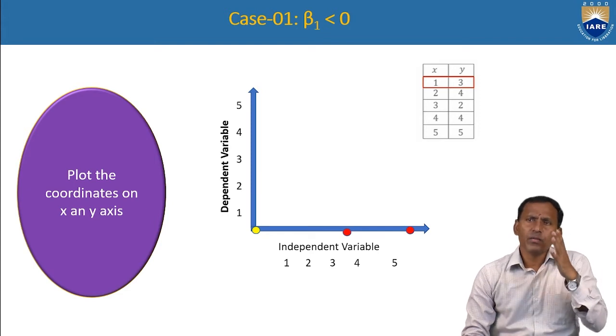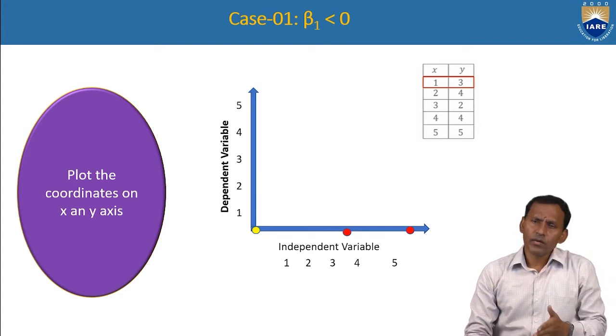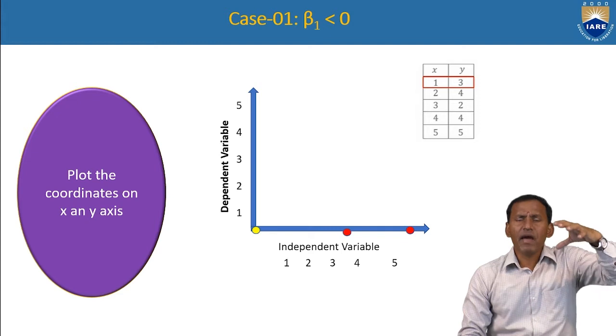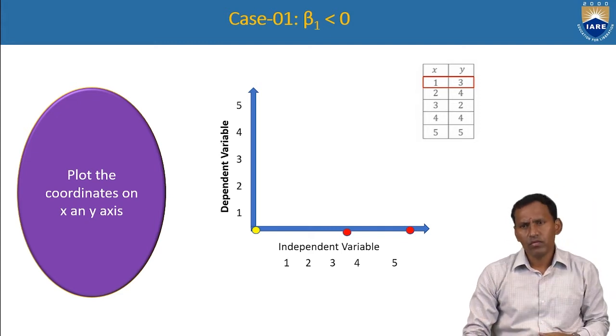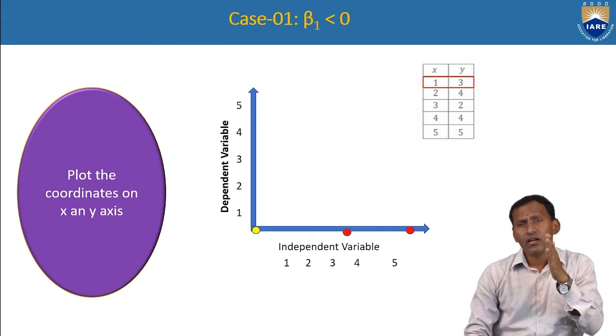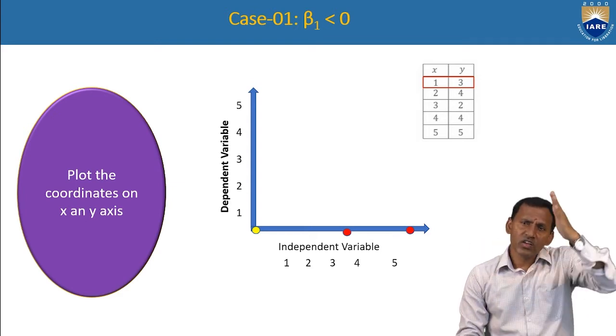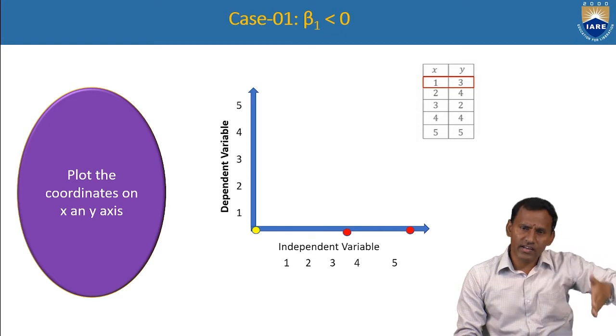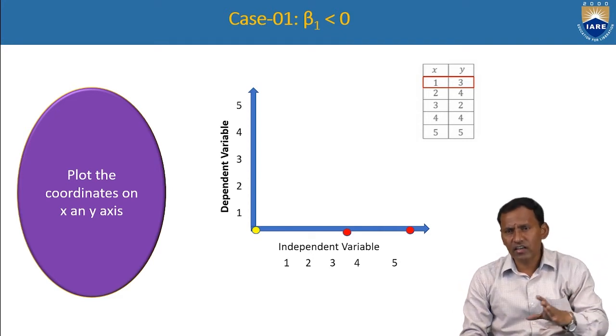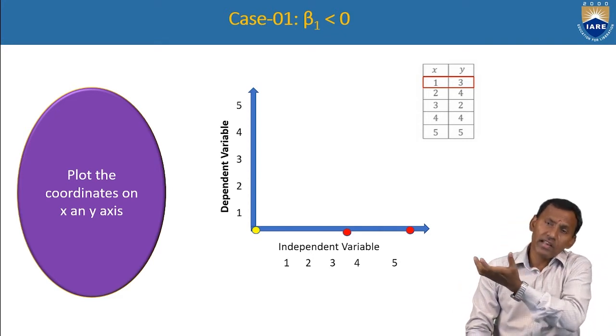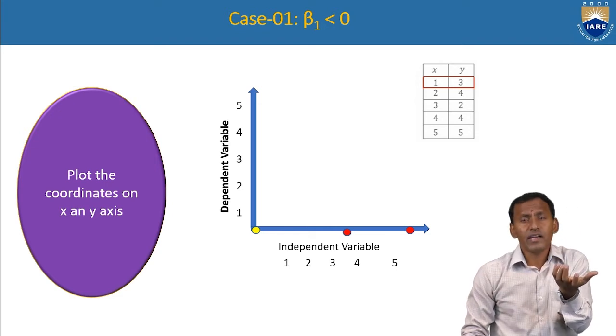So this is case 1, a negative impact on y. That means whenever the independent variable increases, automatically the dependent variable will decrease. That means indirectly the independent variable has a negative impact on the dependent variable.